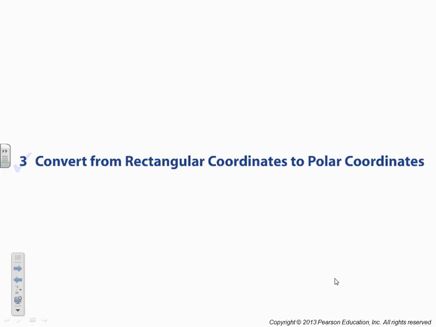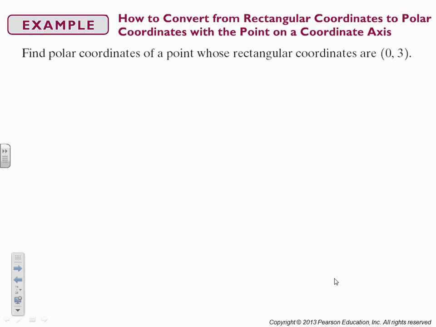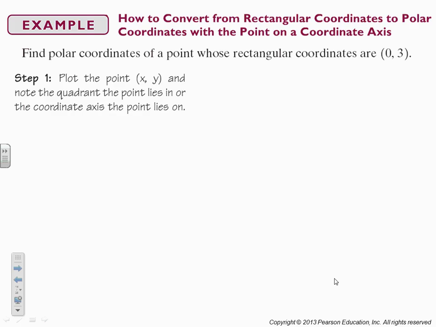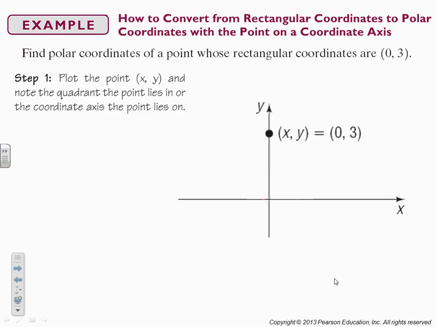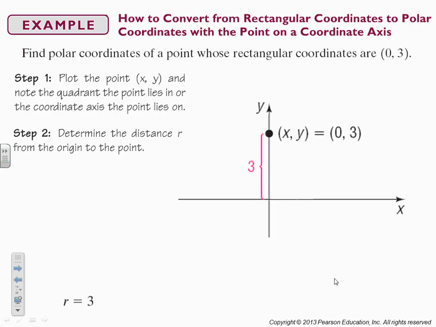All right, so now let's go the opposite direction. Let's convert from rectangular to polar. If we have the coordinate 0, 3, we're going to plot the point and make a note of which quadrant we're in. So 0, 3 is over 0, up 3. Now we have to figure out our r value. If you remember, x squared plus y squared equals r squared. We can use the distance formula.